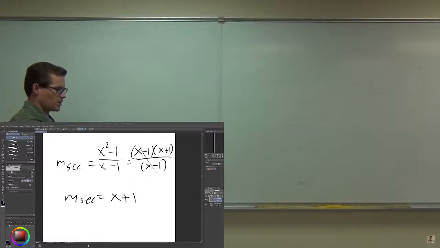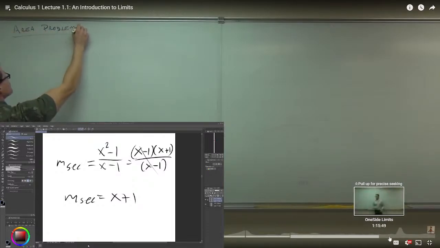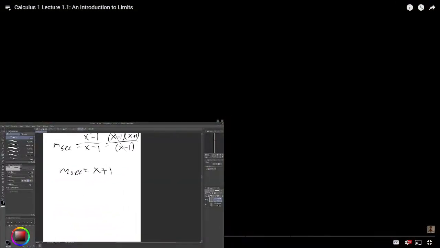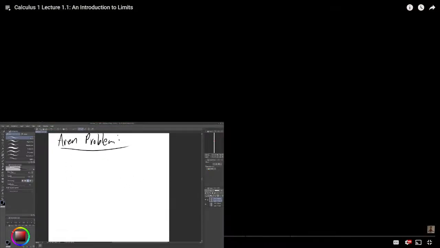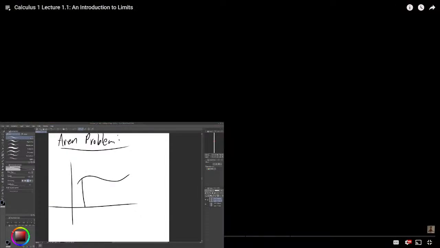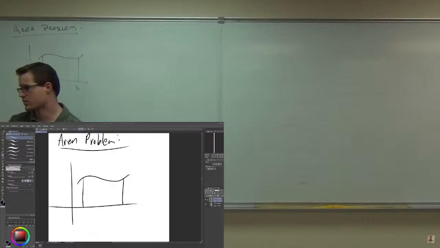Okay, so the area problem. Here's the area problem.